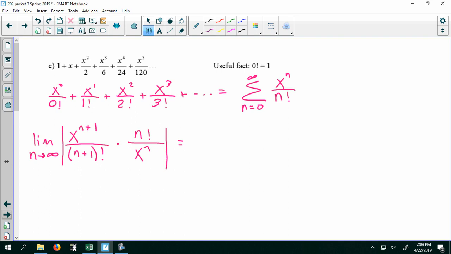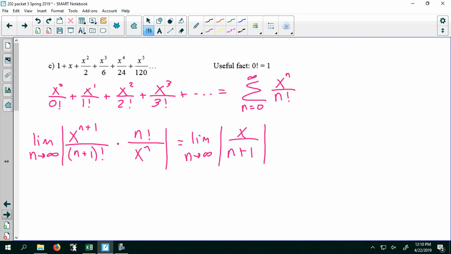So x to the n plus 1 over x to the n, that reduces to x. And then I have n factorial over n plus 1 factorial, and that simplifies to n plus 1 in the denominator. So this is x over n plus 1.